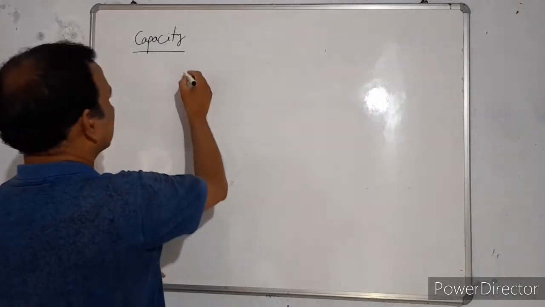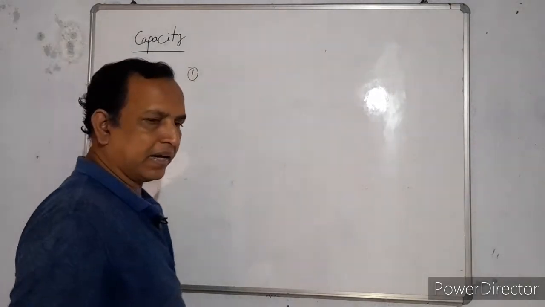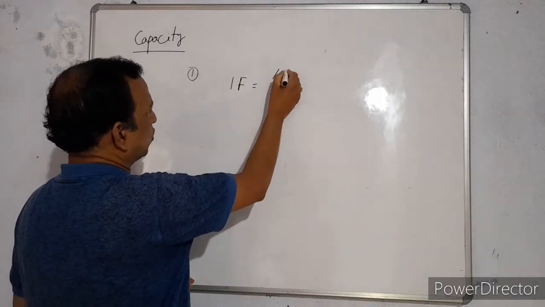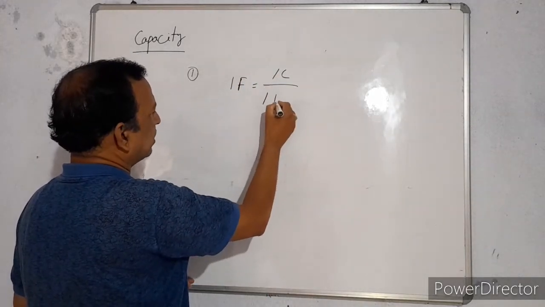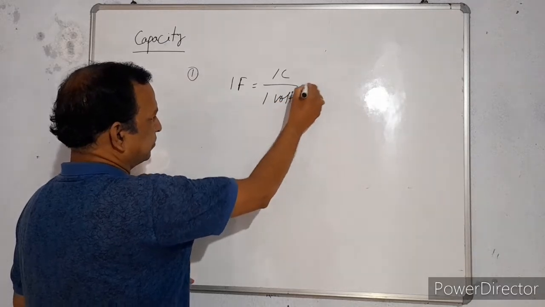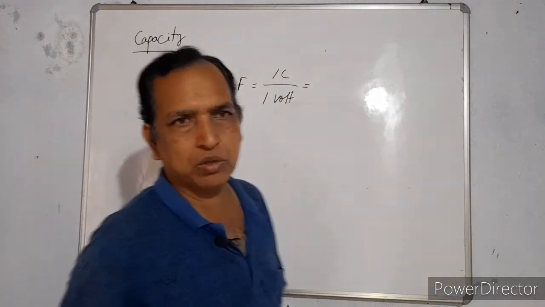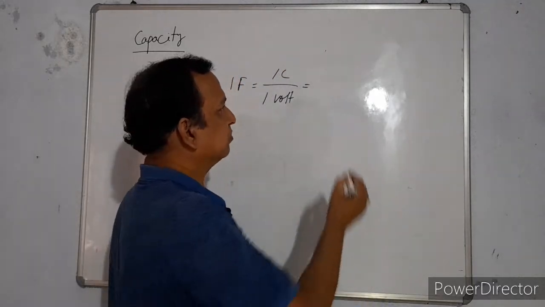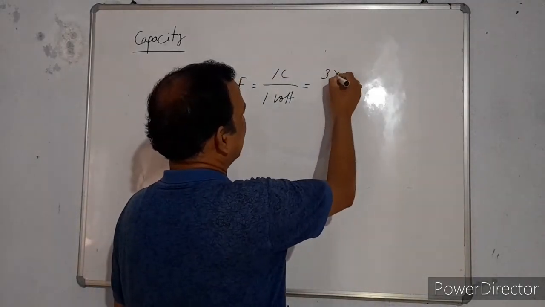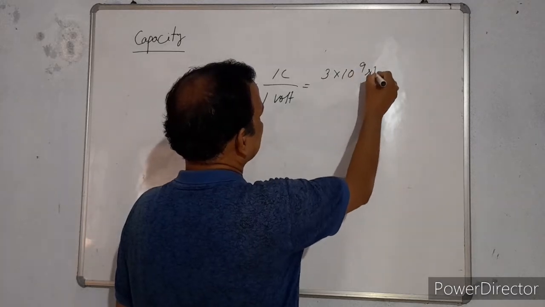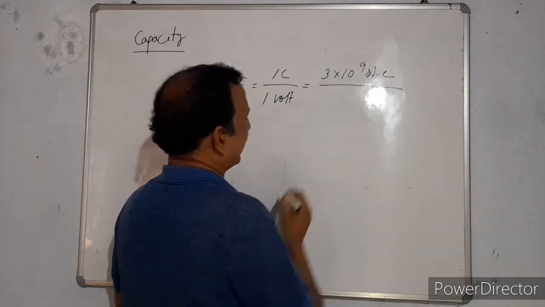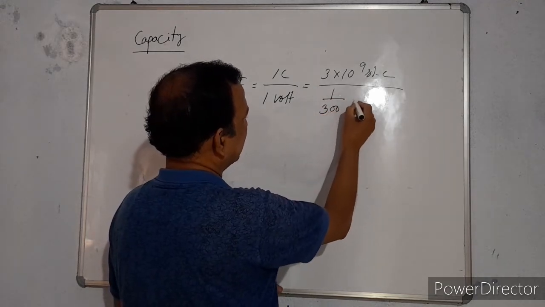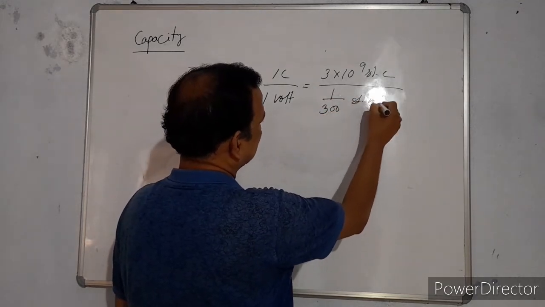Relation between farad and statfarad. 1 farad is equal to 1 coulomb by 1 volt. 1 coulomb is equal to 3 into 10 to the power 9 statcoulomb. 3 into 10 to the power 9 statcoulomb by 1 volt is equal to 1 by 300 statvolt.